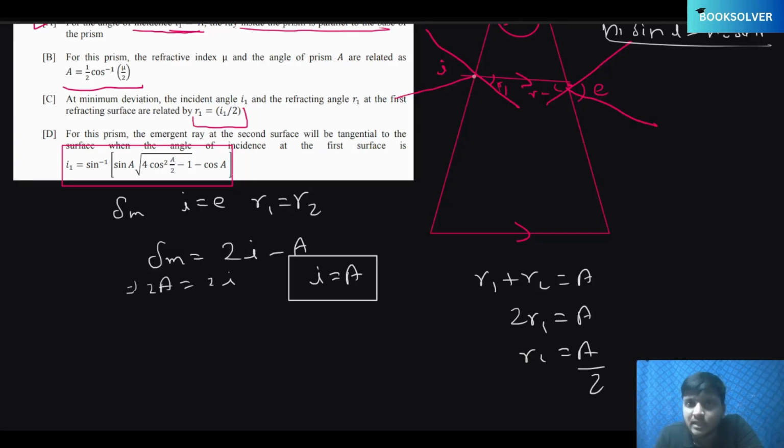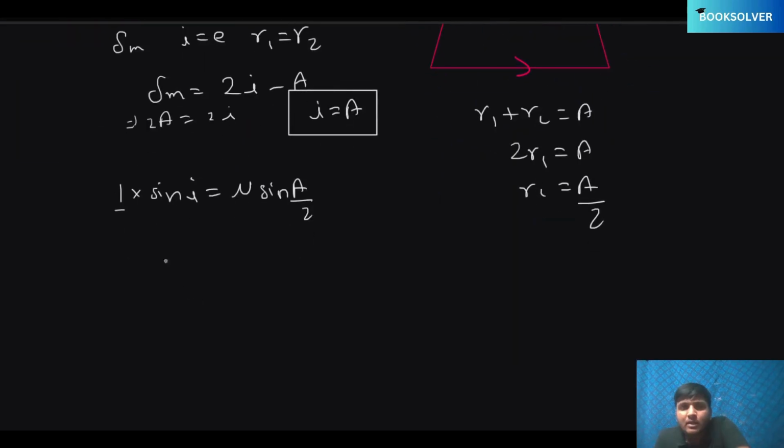Now if I write Snell's law at this point, I'll write 1 into sine I, where 1 is the refractive index of air. This is equal to mu times sine of A by 2, that is our R. And I can also replace I with A here. So I will write sine A by sine A by 2 is equal to mu.